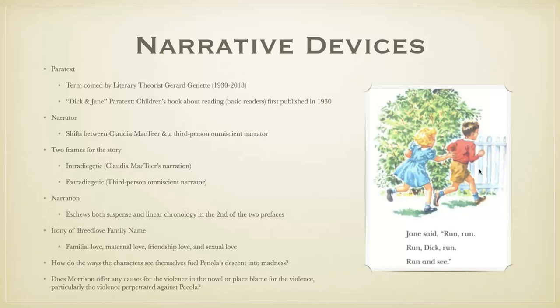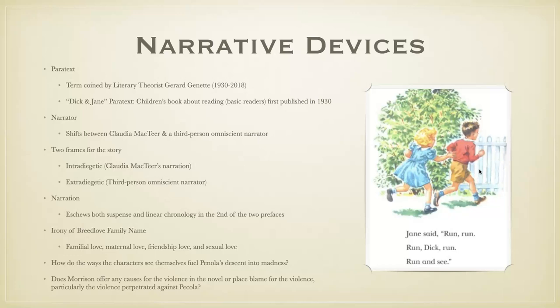I want you to come back to this because, other than the sections of the novel being titled after autumn, winter, spring, summer, the chapter titles are a take on the Dick and Jane readers. I'll come back to that later, but it's a run-on sentence and all the words are scrunched together with no spaces.